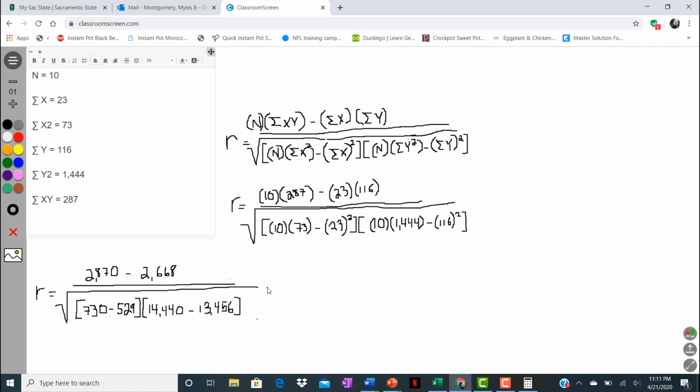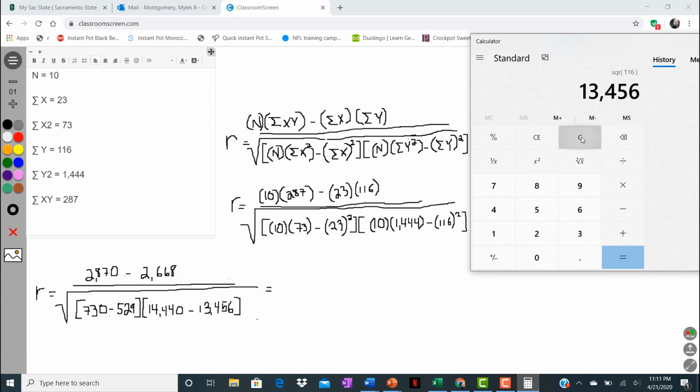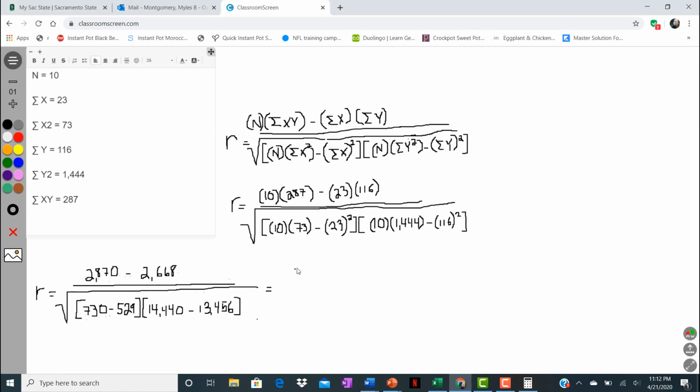Now we'll go ahead and do a couple of brief calculations and get to where we need to be, starting with the numerator. 2,870 minus 2,668, 202. Okay, it's a pretty easy numerator for us, so give it some space there.